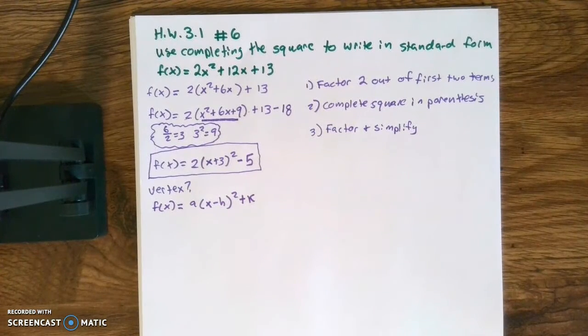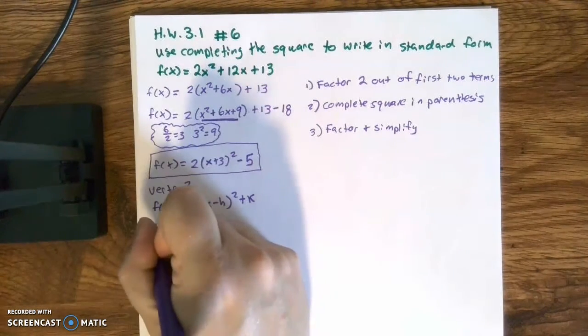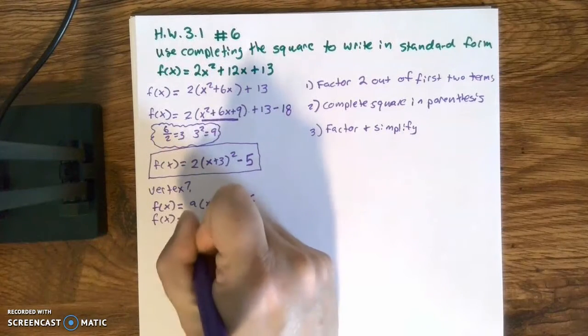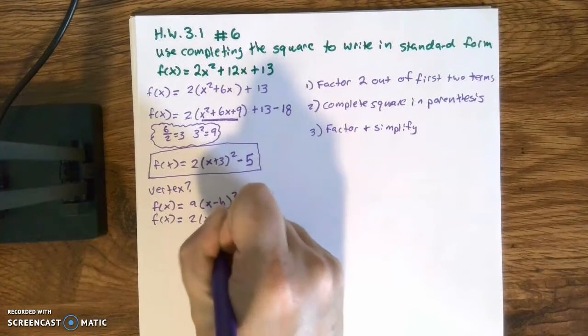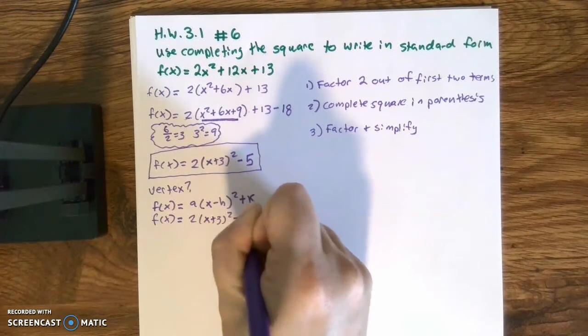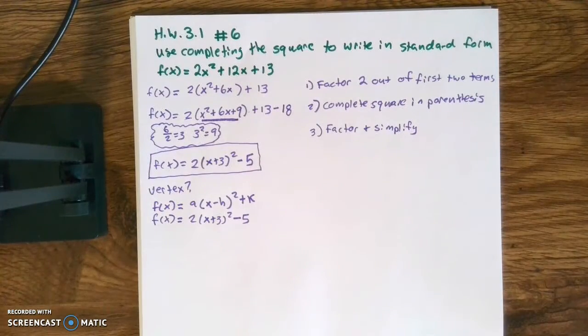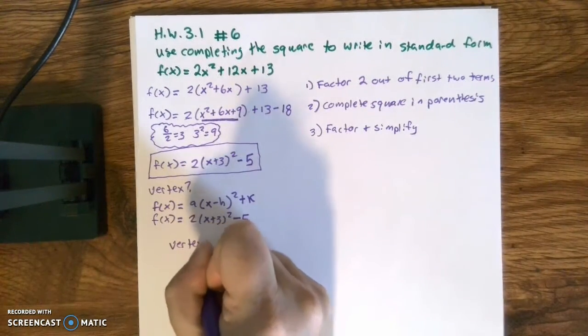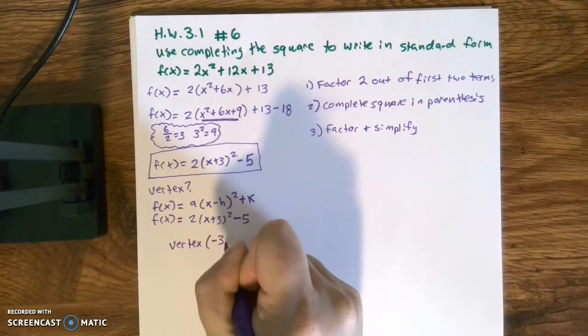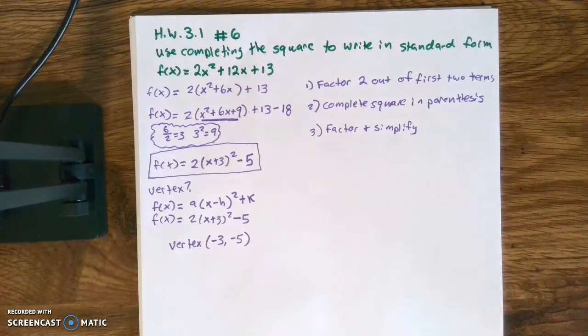I can line my equation up right underneath that, and then I can read off what h and k are. So my vertex is -3, -5.